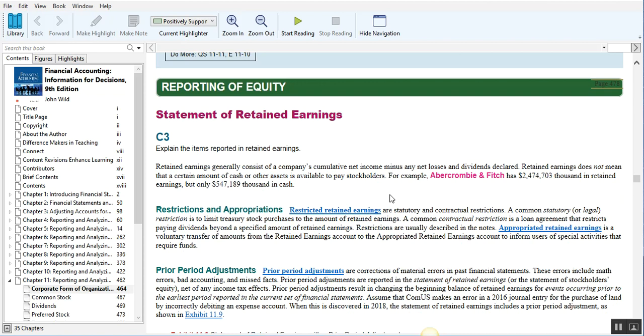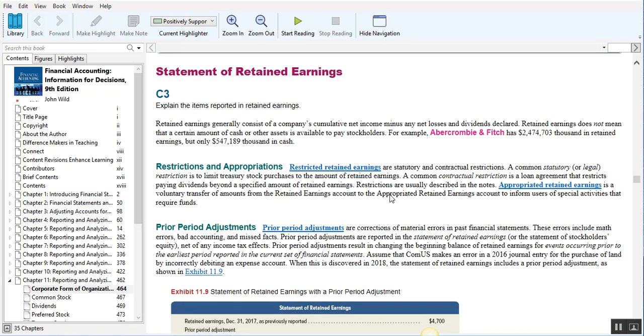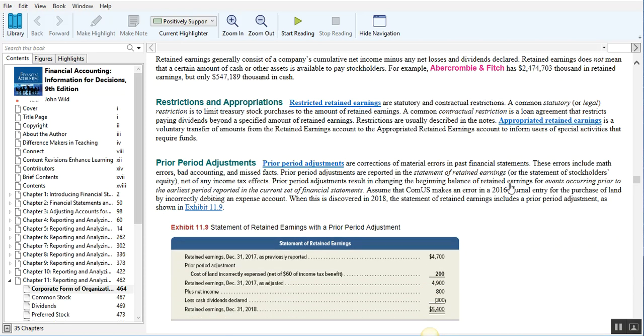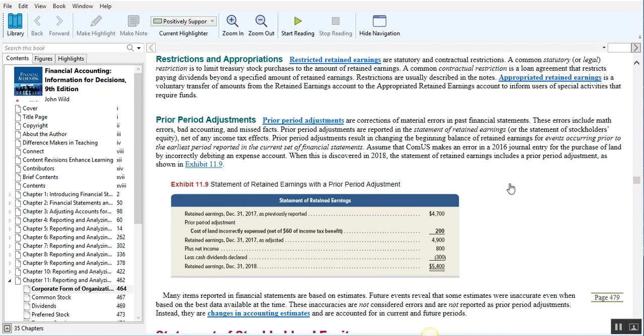And then when you report equity in retained earnings, the thing to know is that there may be cases where a business sets aside specific amounts of retained earnings for future projects. And when they do that, we're going to call that an appropriation of retained earnings. So if there's a major building project coming up they want to set back some money for, that will be through appropriated retained earnings. If you do any prior period adjustments, you're going to show that in the statement of retained earnings.